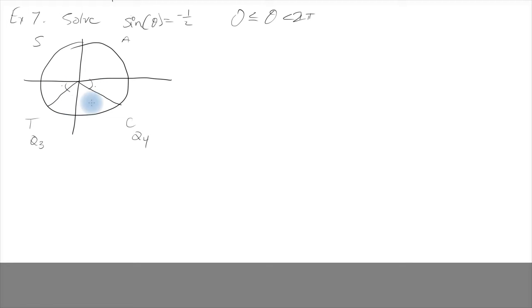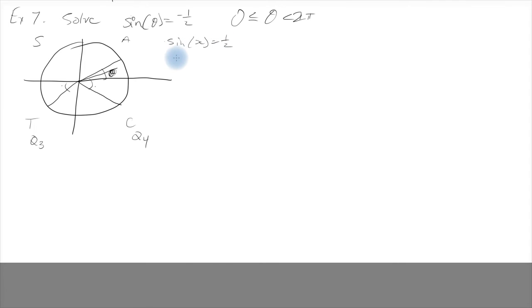Now to find the equivalent bit in the first quadrant, it must be this angle here, this angle there. So let's pretend for a moment that we were looking for this first quadrant equivalent bit. If we pretend that it's positive for a moment, we can find that. Imagine we had sine of x being equal to a half.